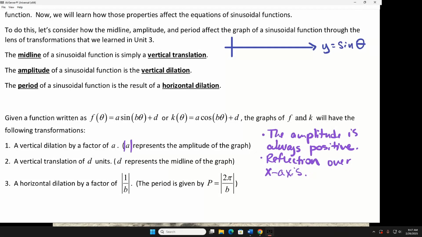So what is the period of just how long does it take for one cycle of sine in the parent function? 2 pi. Yes, thank you. So 2 pi is going to be the end of one period, and then we'll put a little midpoint at pi and a couple more little midpoints at pi over 2 and 3 pi over 2.